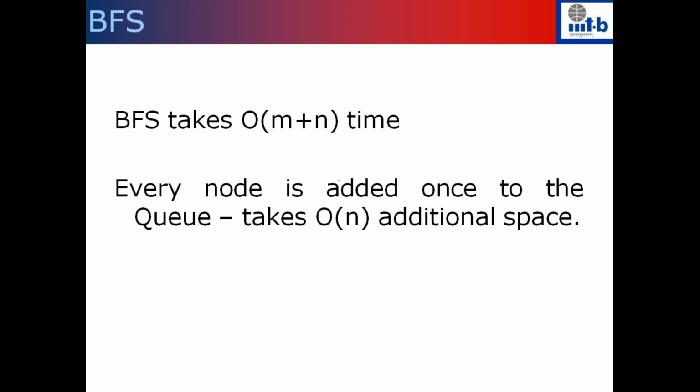So you need an additional space for the data structure, which is the queue, which is linear in terms of the number of nodes in the graph. I call this additional space because you already need order n plus m space to store the graph. In addition to storing the graph, in order to implement the BFS algorithm, you need the queue. The queue will take order n space.